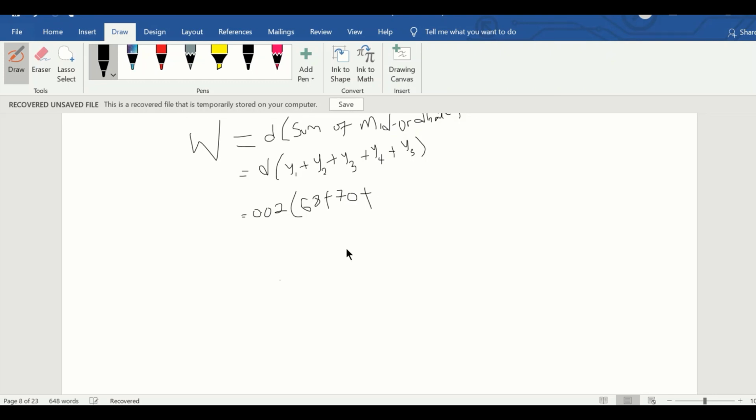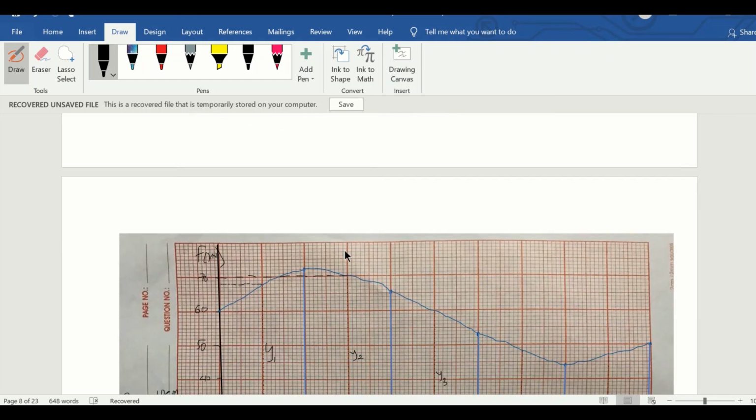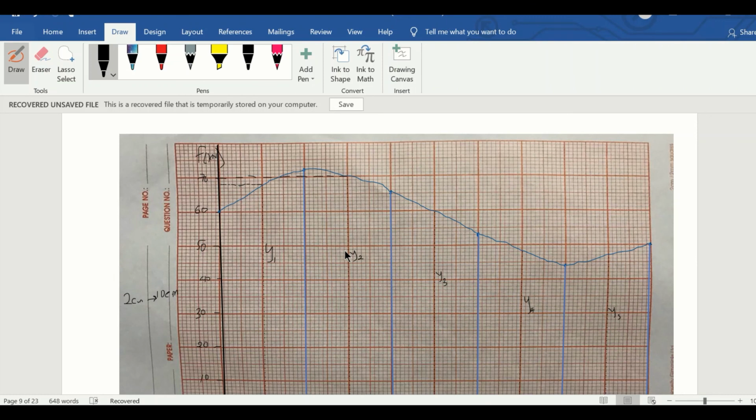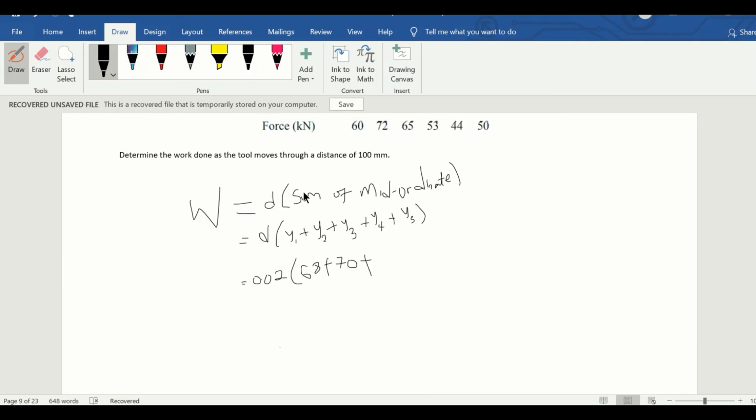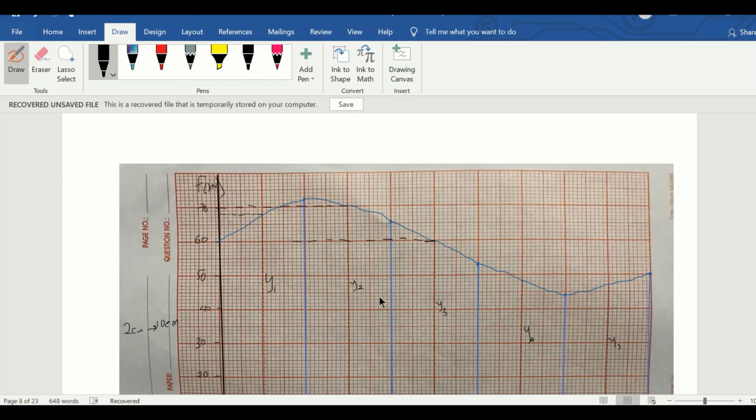Plus my y3, come back to my graph. My y3 is right here. Take it down to my graph, as you can see, right here. Please use your ruler. My y3 is 60, plus my y4.